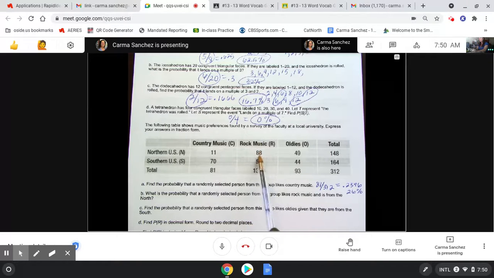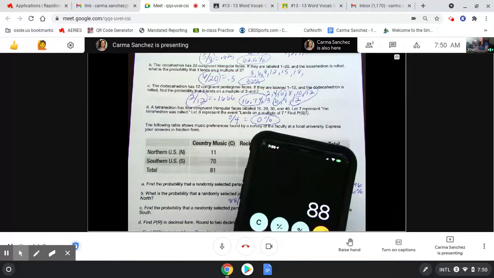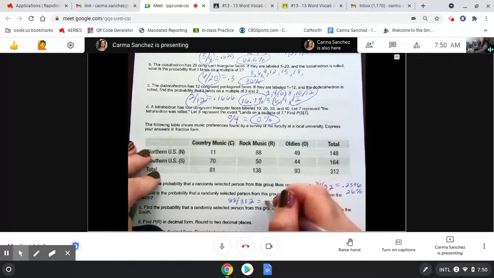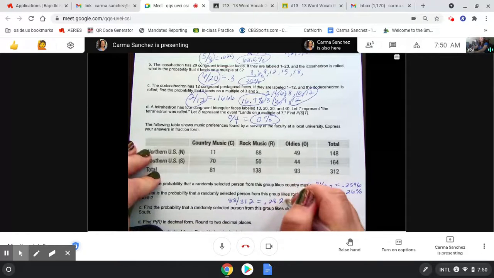So we're going 88 out of the total group of 312. So now we grab a calculator, 88 divided by 312, and we're going to approximate the 0.2820 to 28%.